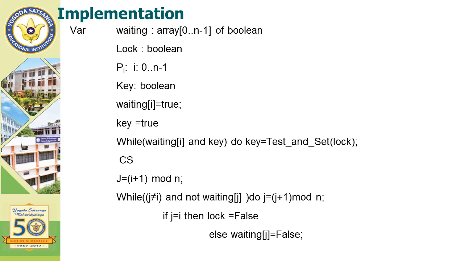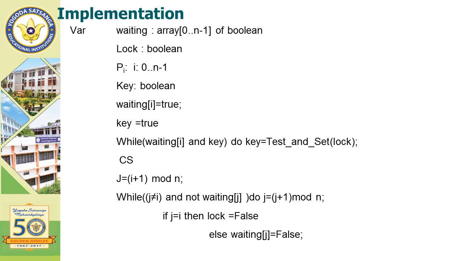Now, key equals test and set lock. Lock is the argument of the test and set. If lock is true, then it returns a true value, and if lock is false, then it returns a false value. Initially, all the values in lock and the array are initialized with a false value.